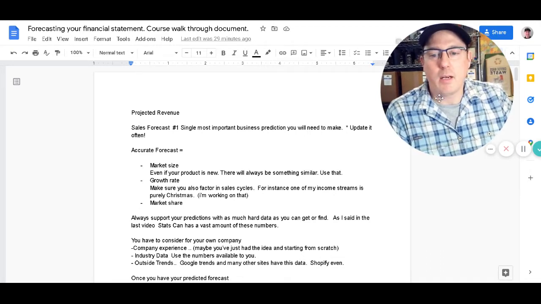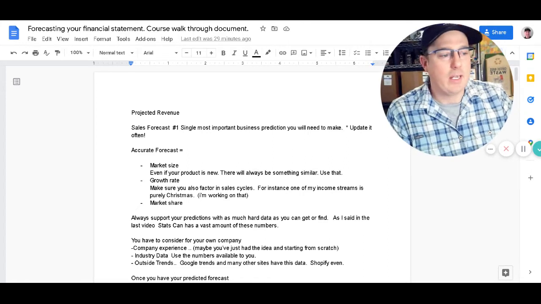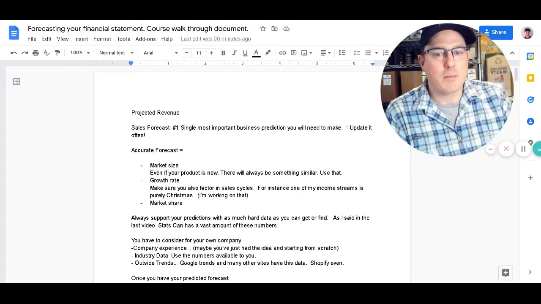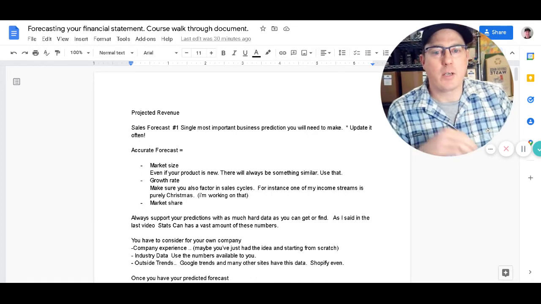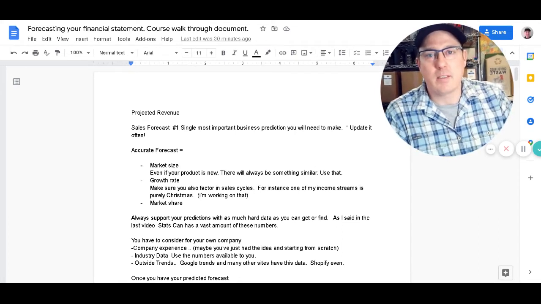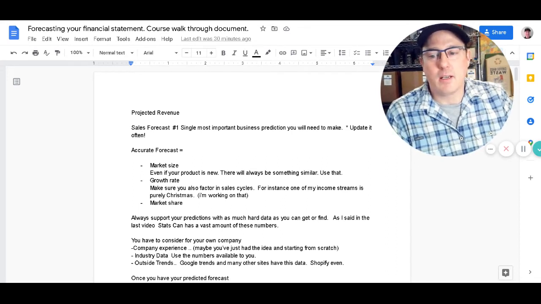And again, this financial statement is how you plan. It's not the budgeting portion of your financial statement, but these numbers are going to be how you plan for the first 6 months, for the first year, all the way to 5 years in some cases, and this is the information you need.